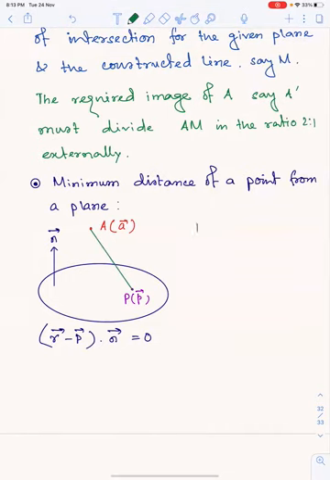So the projection length of AP along n cap must be the minimum distance.